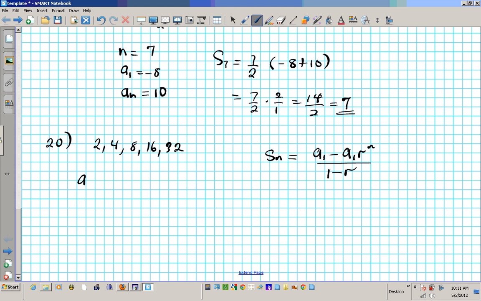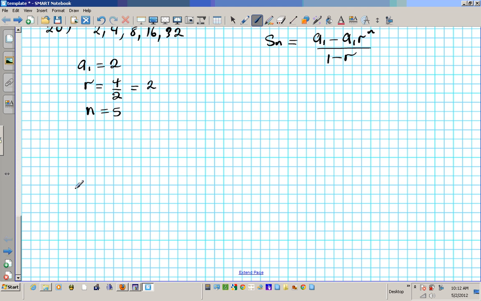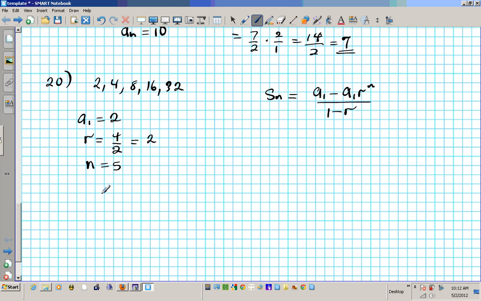In this case, a1 is 2. r is a2 divided by a1, which is 4 over 2, which is 2. And n is the number of terms, 1, 2, 3, 4, 5, so n equals 5. To compute the sum, S of 5 is going to be 2 minus 2 times 2 to the 5th over 1 minus 2.